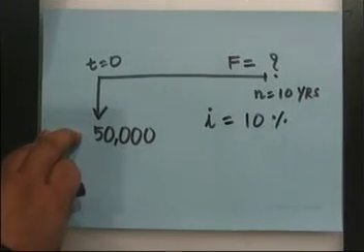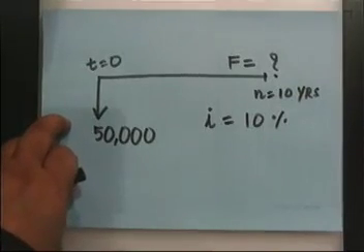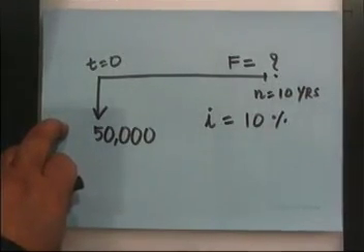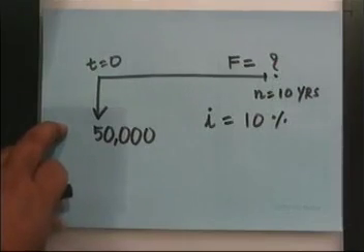Now, there are two ways in which you can solve this problem. First one is by use of the interest factor formulas which I gave you in the last class, and second one you can refer to the interest factors given in the textbook. Let us assume that you are interested in using the interest factor formulas.